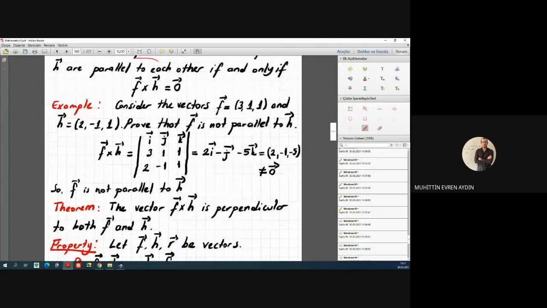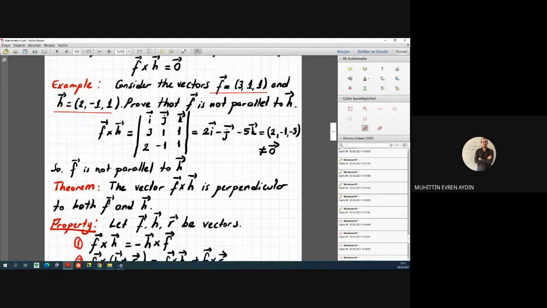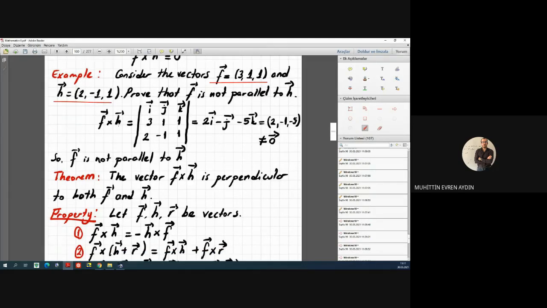Let's consider two constant vectors and show that f is not parallel to h. We may show that if their cross product is different from 0, then those are not parallel, and you can easily see this vector obtained by the cross product of f and h is not 0, which means that f is not parallel to h.